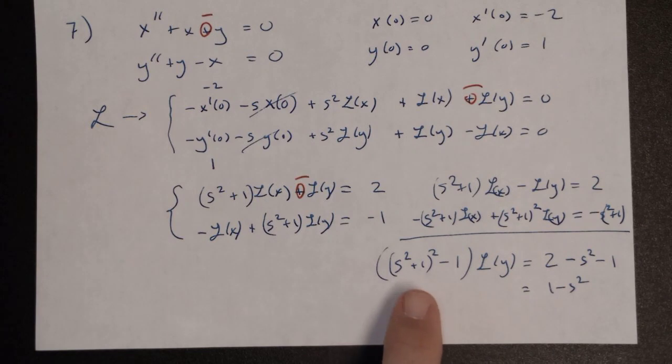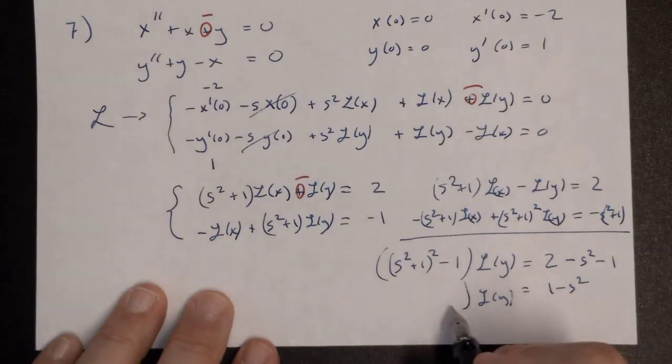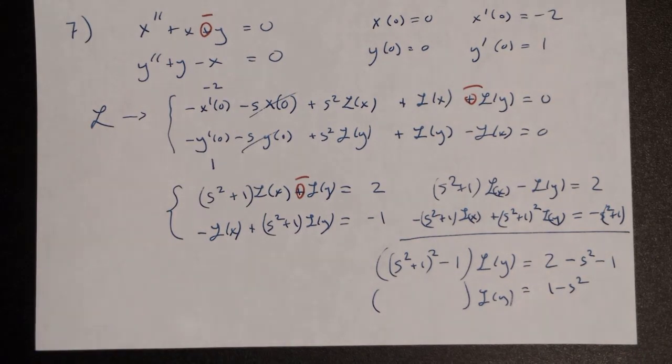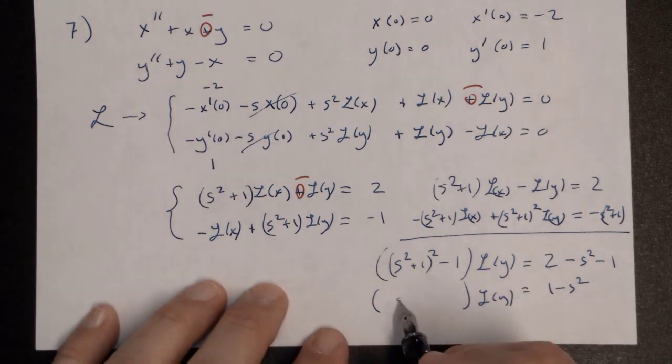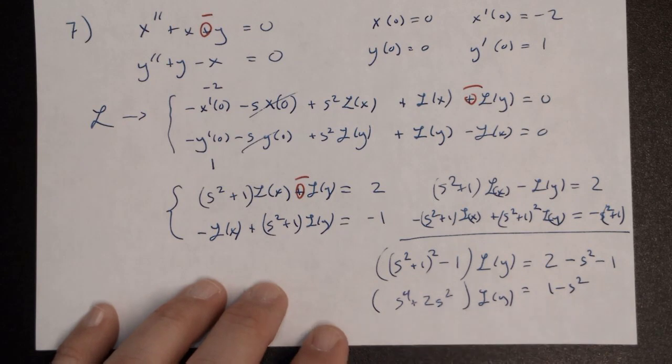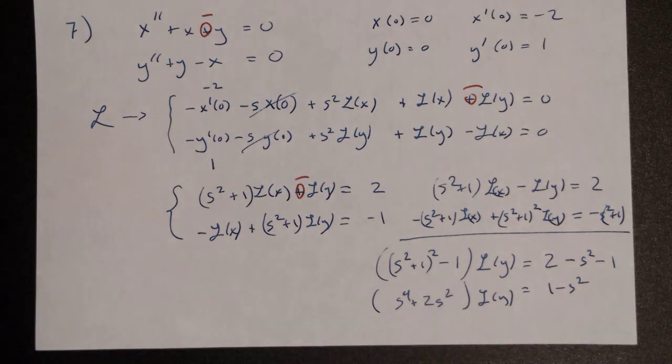And over here, what do I get when I multiply this out? But this is already squared, right? So it'll be s squared squared plus 2s squared. So it'll be s to the 4th plus 2s squared. There should be a plus 1 from multiplying this part out, but there's a minus 1 right there. It'll cancel. That'll factor.